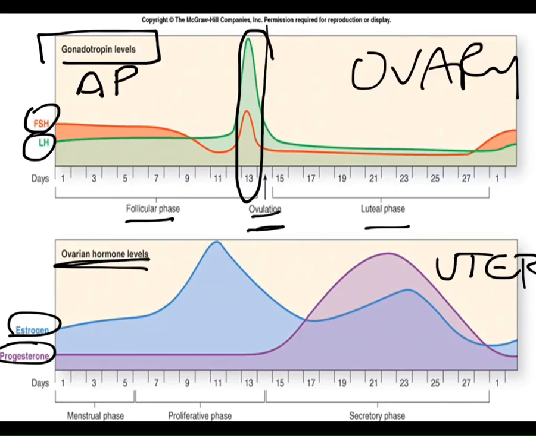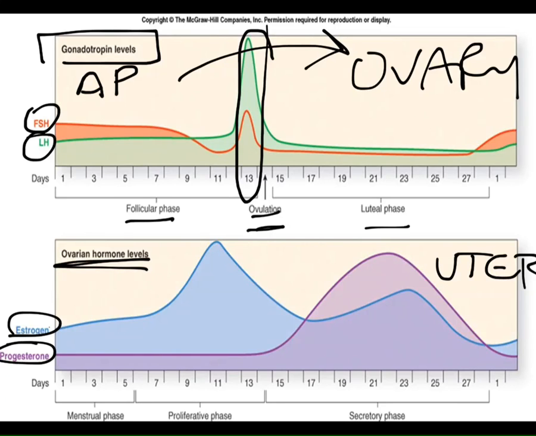Back up. The FSH and the LH were made by what? The pituitary, and they had their effect on the ovary. And then the ovary is making estrogen and progesterone, and it's having its effect on the uterus. So what the endocrine system does is one system secretes a hormone, it travels through the blood to a far, far distant place, and has an effect.